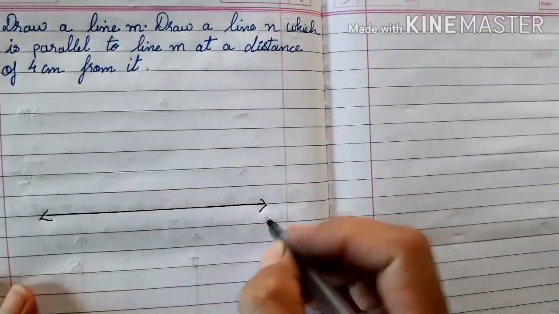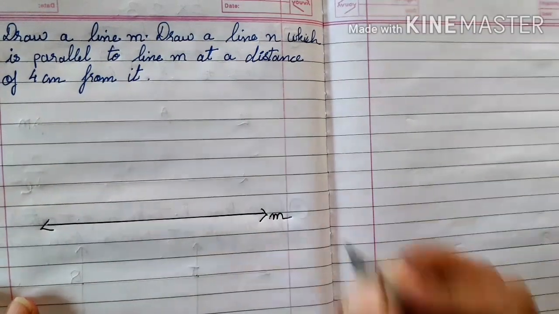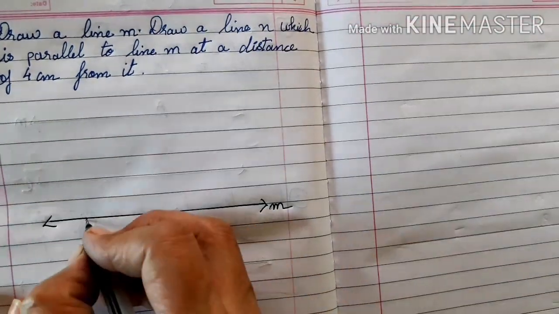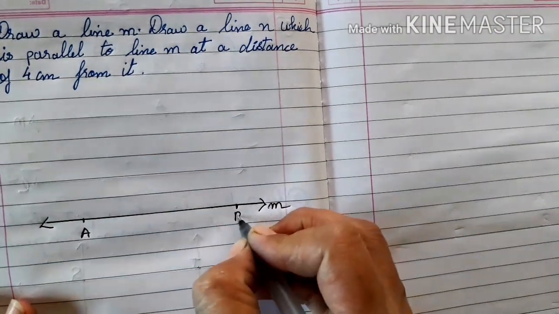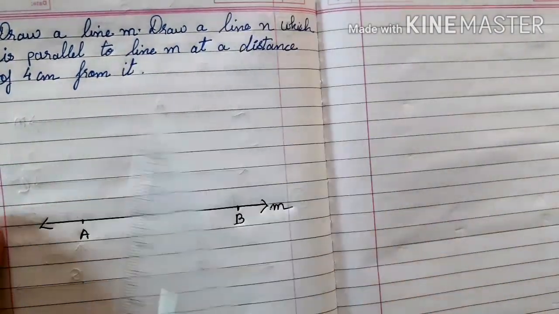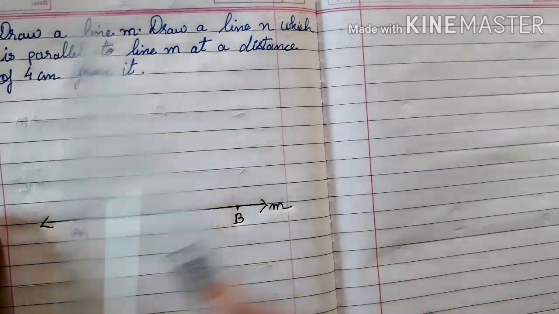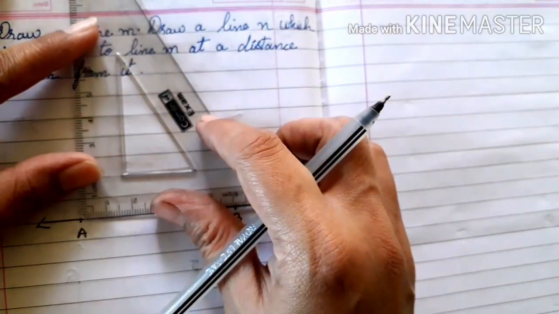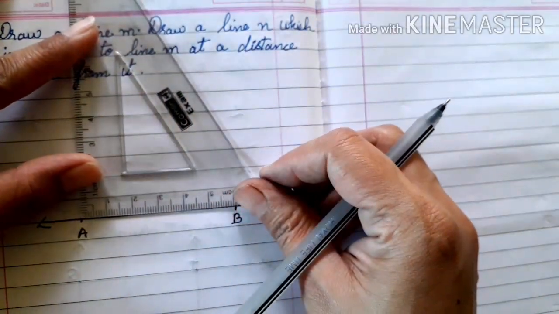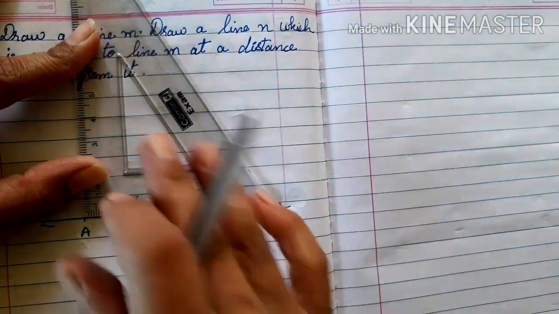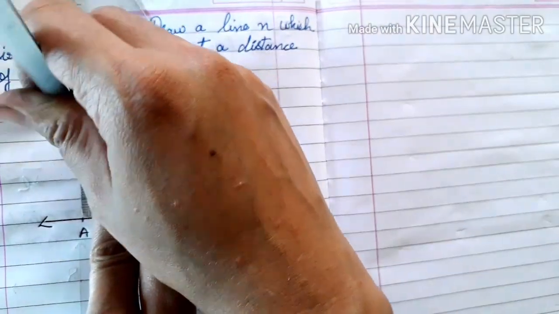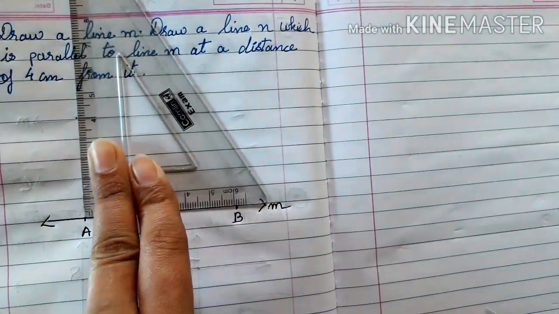This is line M. Okay, so take any 2 points. I'll take over here and name it as A and B. How much distance we have to take? We have to take 4 centimeter. So again keep this set square in such a way that it is straight on this line and giving us the measure of 4 centimeter over here.